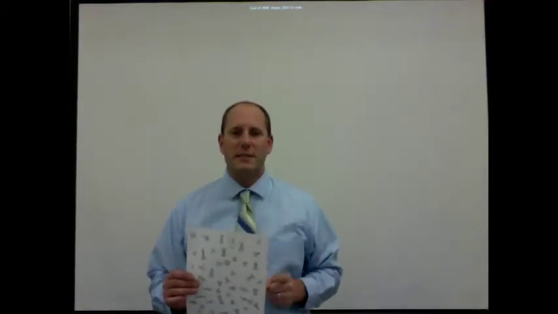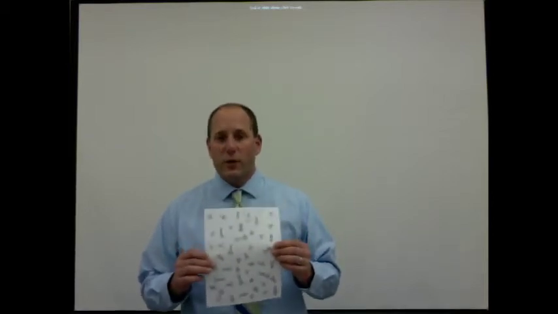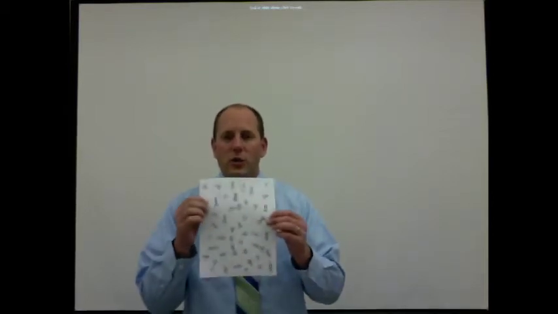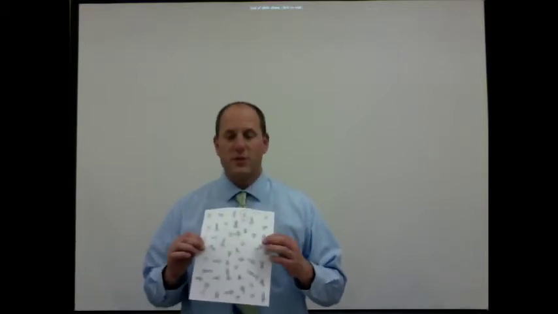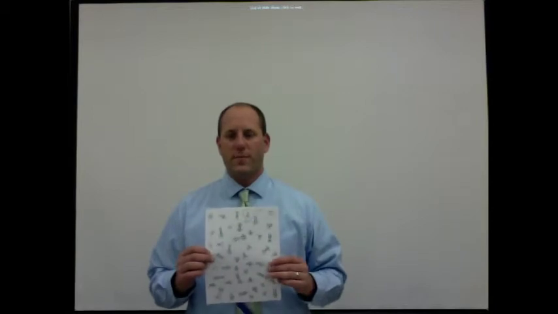You're going to be using scissors, which are located at each of the lab stations in the little plastic containers. Each of you will be cutting each one of these chromosomes out. You'll be doing this solo at a lab station.